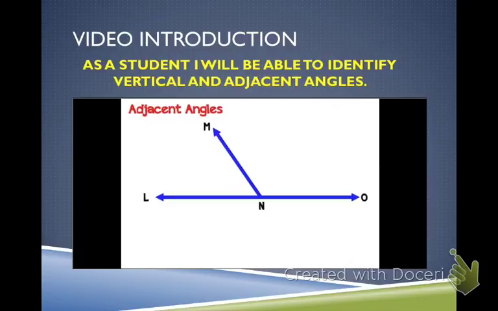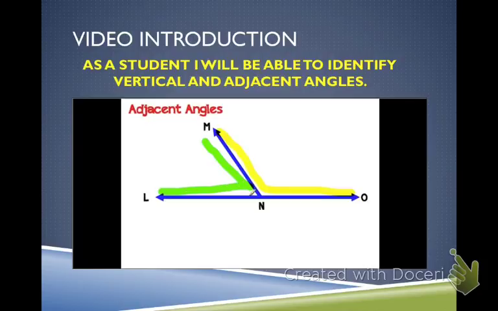Adjacent angles are right next to each other. Now, they're two separate angles, but they are right next to each other. They're like neighbors. So if we take a look here, angle LNM is adjacent or next to angle ONM. So again, these angles are two separate angles, as you can tell.